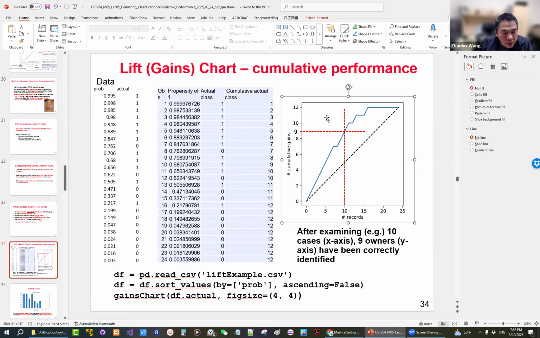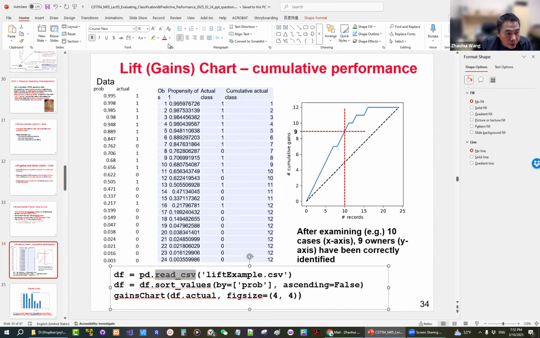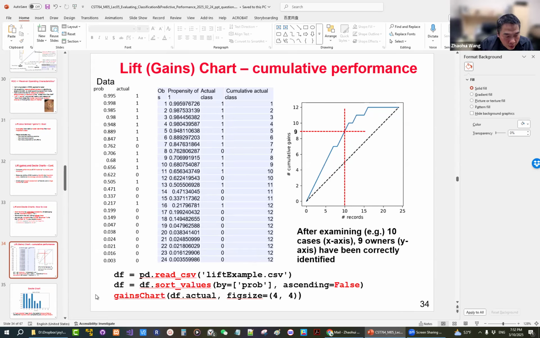Yeah, so the code for the realization of the lift chart will first read the CSV file. Then we call the function sort values on the probability column, in descending direction, not ascending, descending from high to low value for the probability. Then we can call the Gantt chart function using the ATU value.